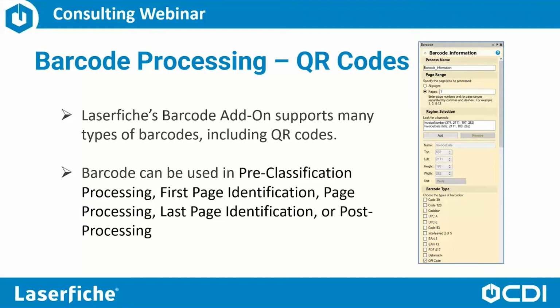If these barcodes are on different locations of the documents, you can still have the process look across all pages. However, it will take longer for Quick Fields to process that information.